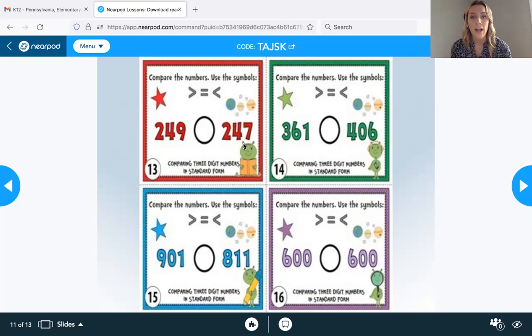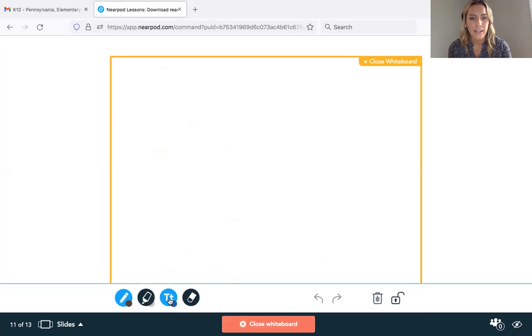We're going to look at those ones. 249 has 9 ones. 247 has 7 ones. I know that 9 is greater than 7, so 249 has to be greater than 247. Let's write it in here.